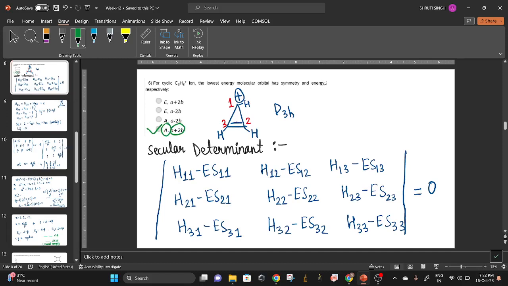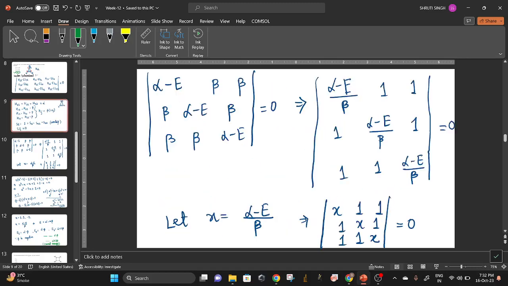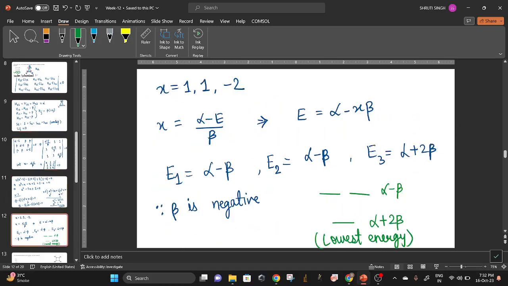Now, how did we get the symmetry? Symmetry is found by using the projection operators that we did in class. I'll show you again.